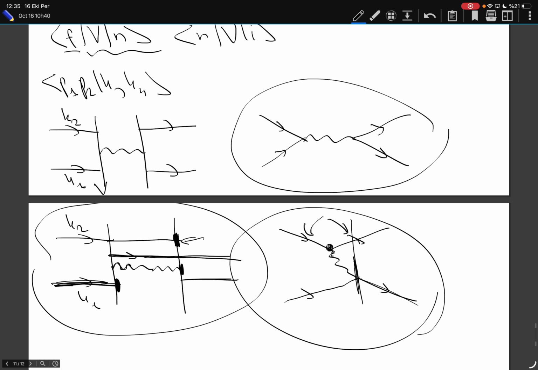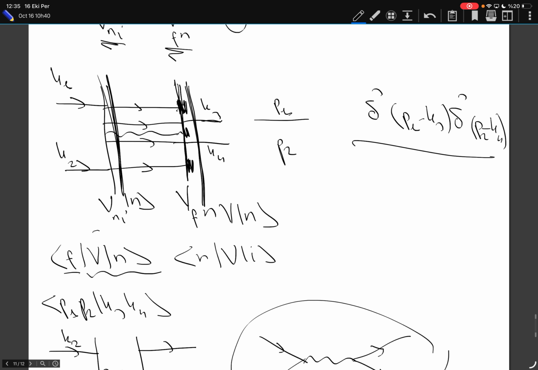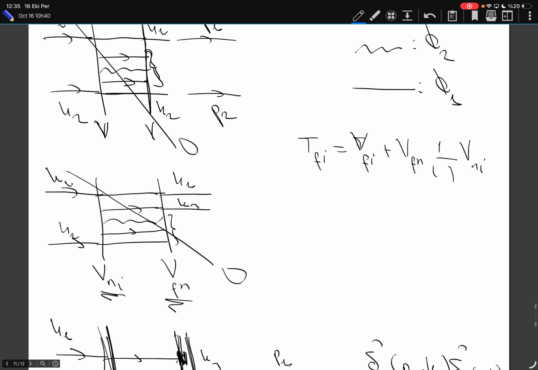Can I ask something? Sure. These points, do you say that the interaction happens at a time, or throughout the time? You see, I'm doing time-independent perturbation theory. There is no time here, nothing.